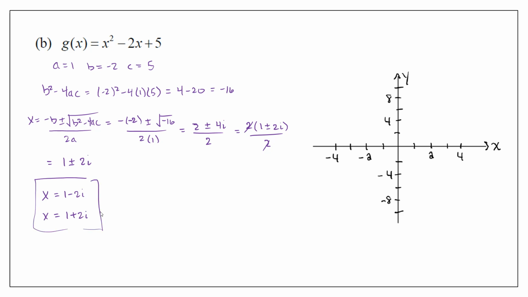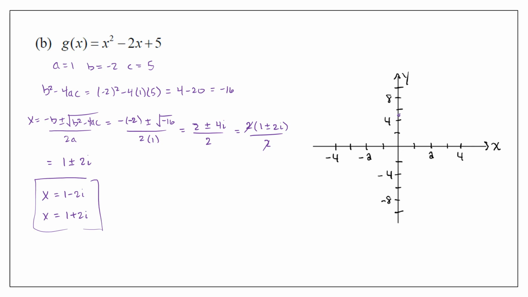Since they are complex, that means we have no x-intercepts. Okay, so we're going to have to plug in some points in order to graph this function. Okay, well, right off the bat, if I plug in 0 into this function, I'm going to get 5. So I know the point 0, 5 is on my graph.